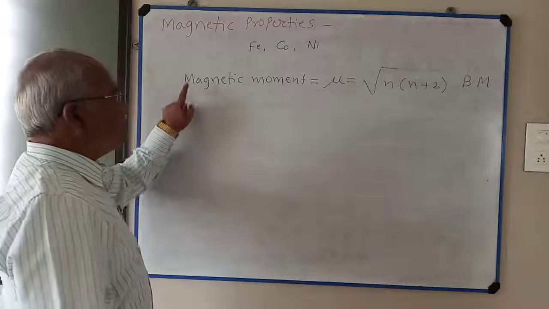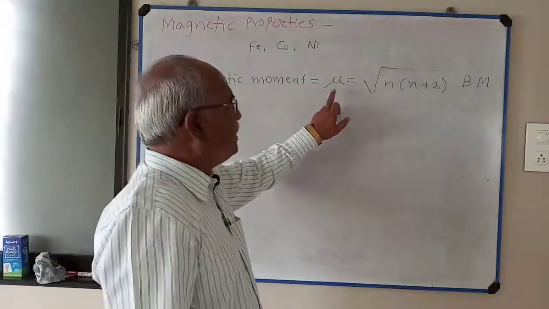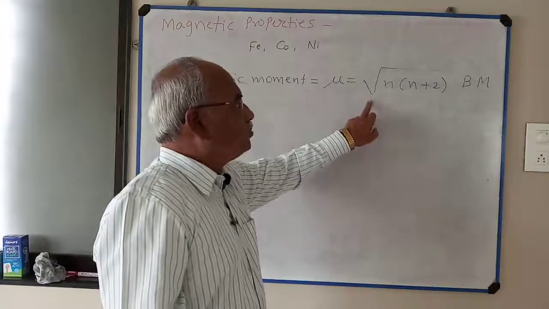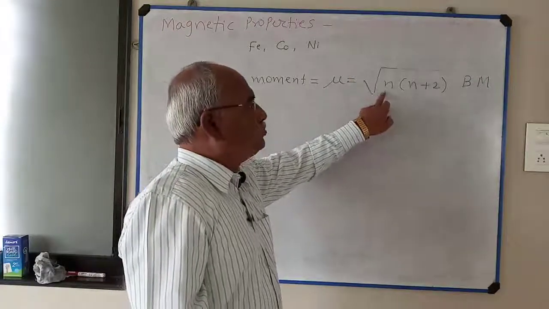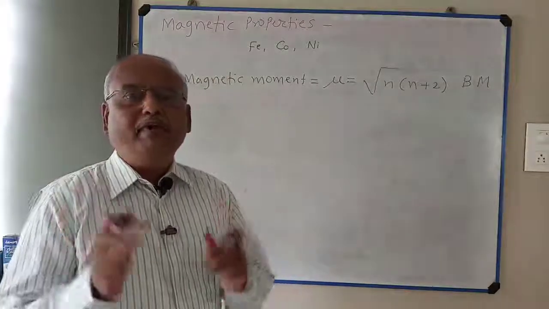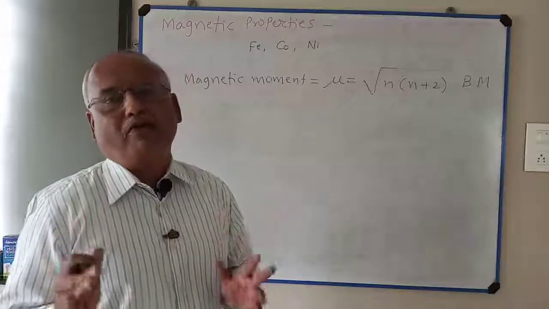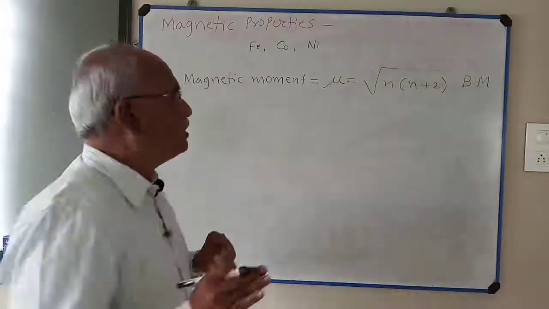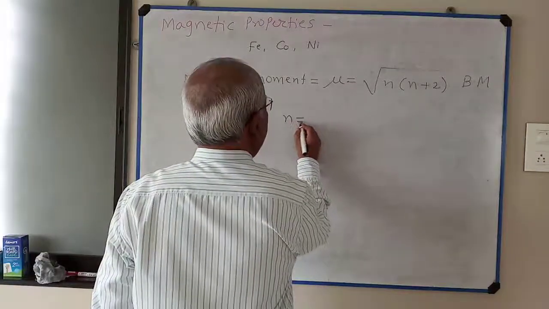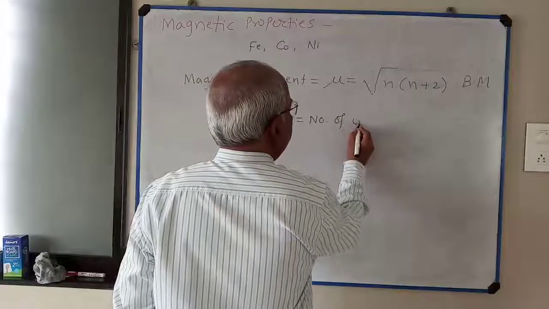Magnetic moment is calculated by this formula, and magnetic moment is expressed in Bohr magneton, where n is equal to number of unpaired electrons.